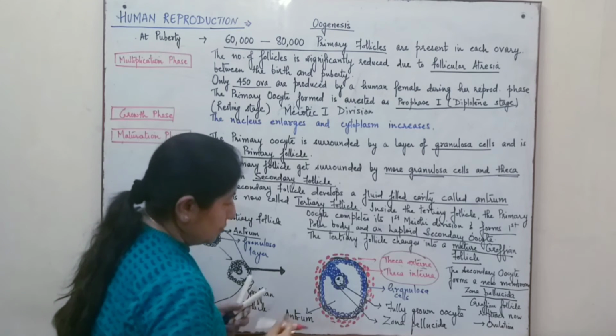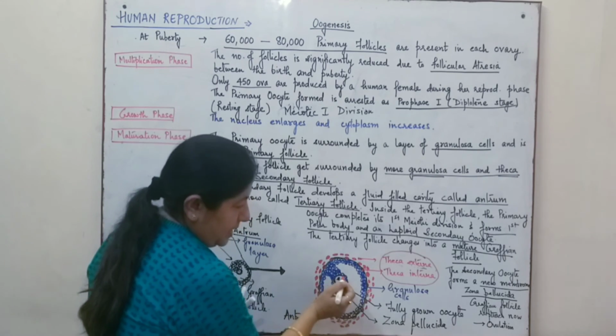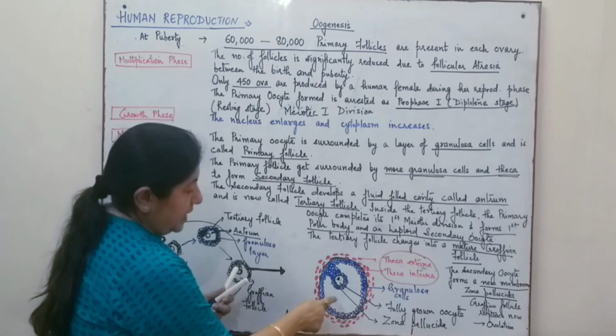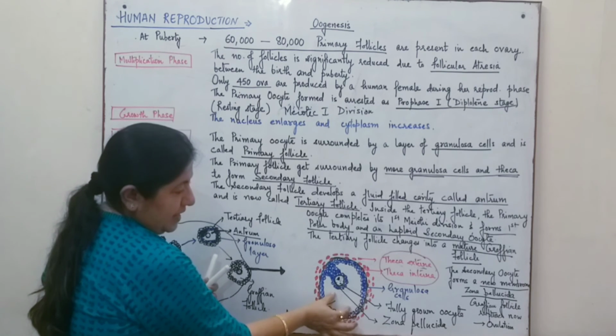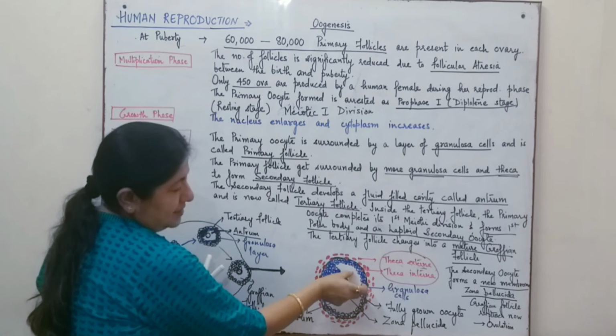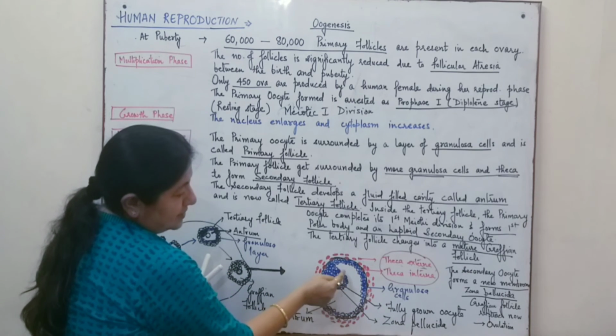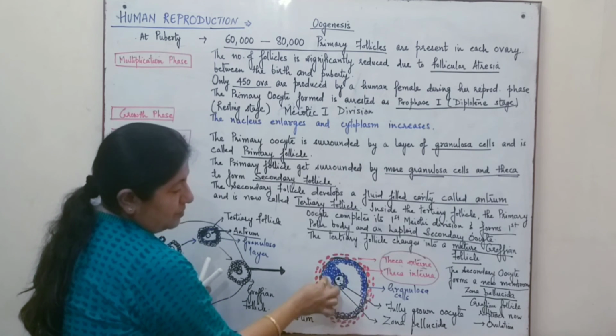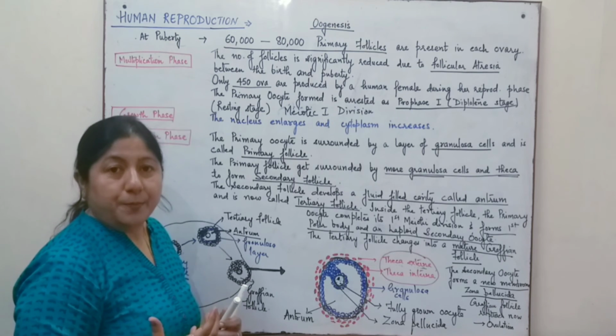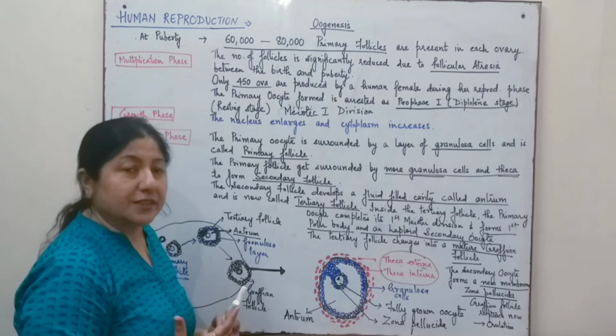A fully grown oocyte is thereby enclosed by the granulosa cells. The antrum is a fluid-filled cavity, so the secretions of the granulosa cells and the theca cells are over here. And since this oocyte is completely surrounded by the fluid, it is developing properly, getting the nutrition.